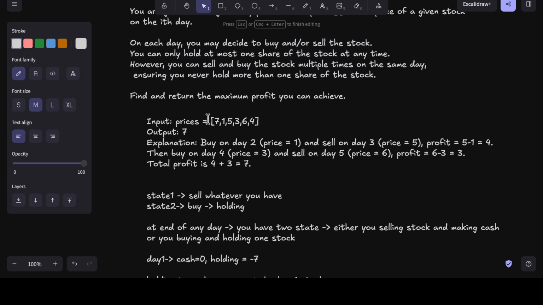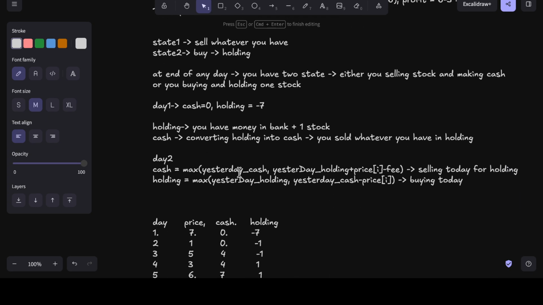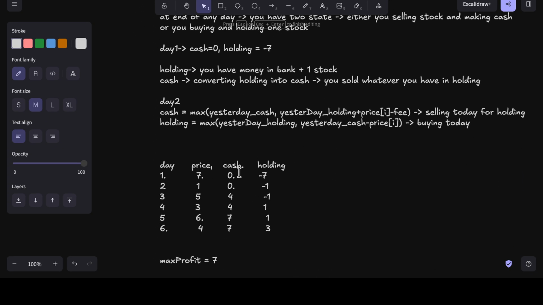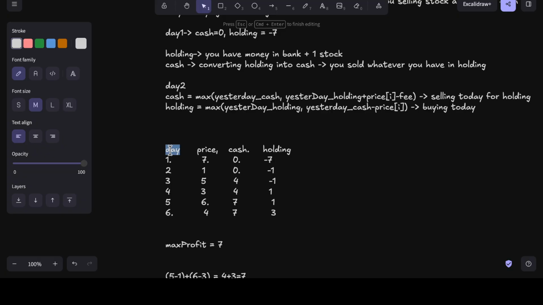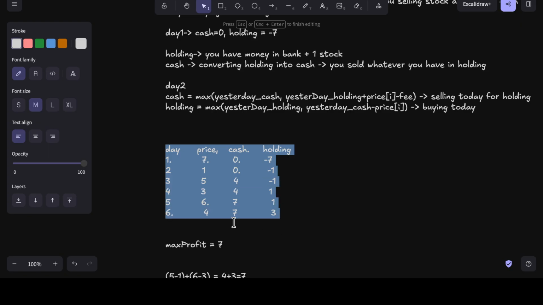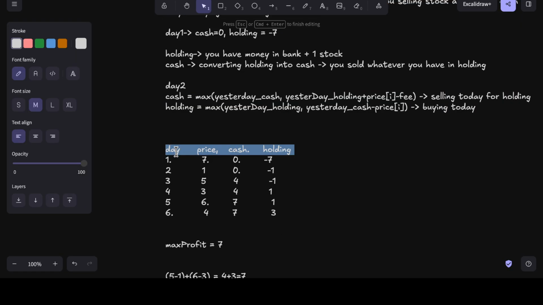So these are the two states you need to maintain. For this example one, the max profit is 7 by holding at most one share of the stock. As I mention here, it's represented column-wise: the day, the price, the cash, and the holding.